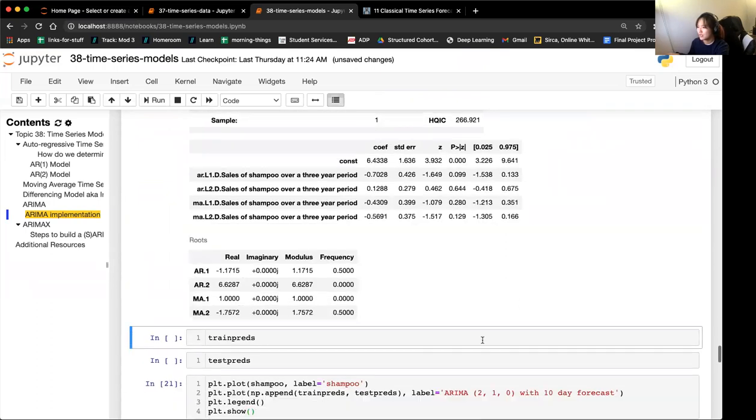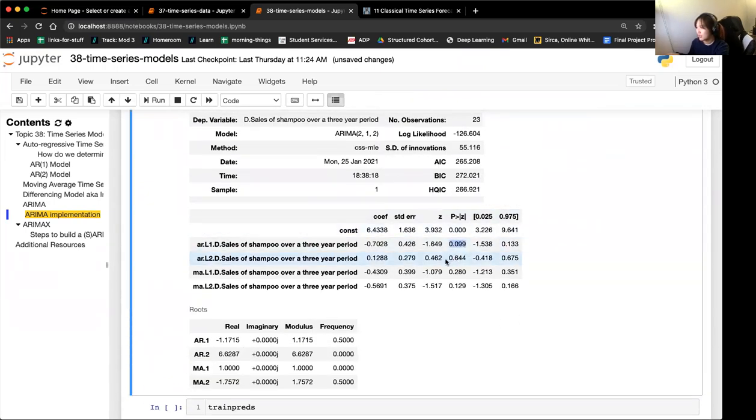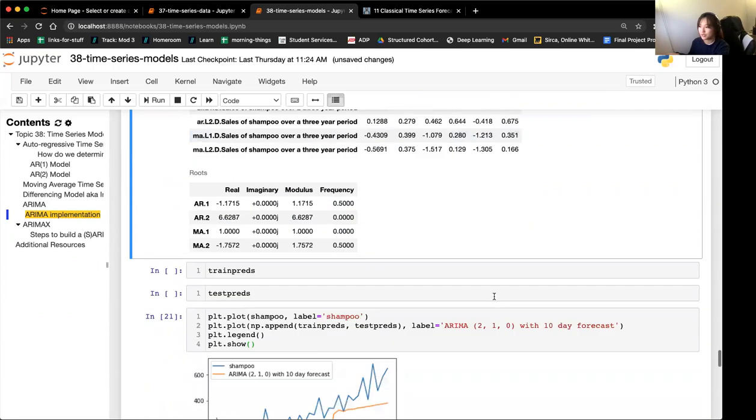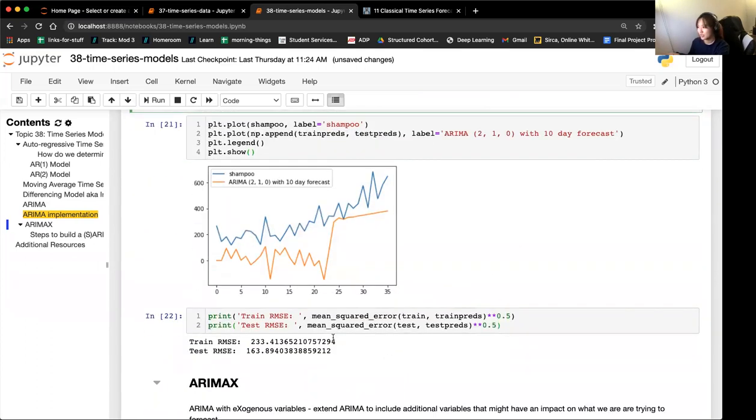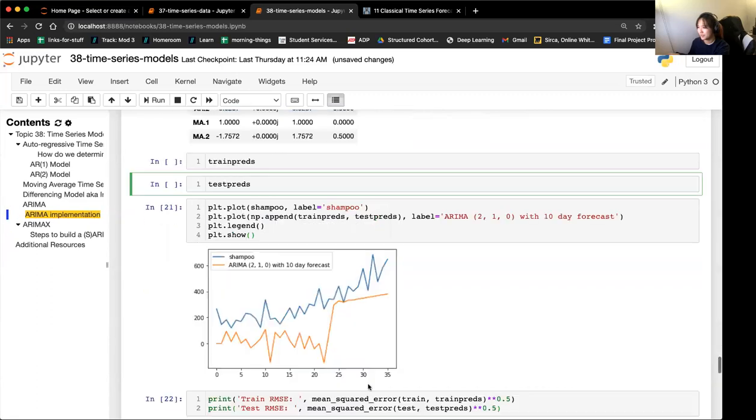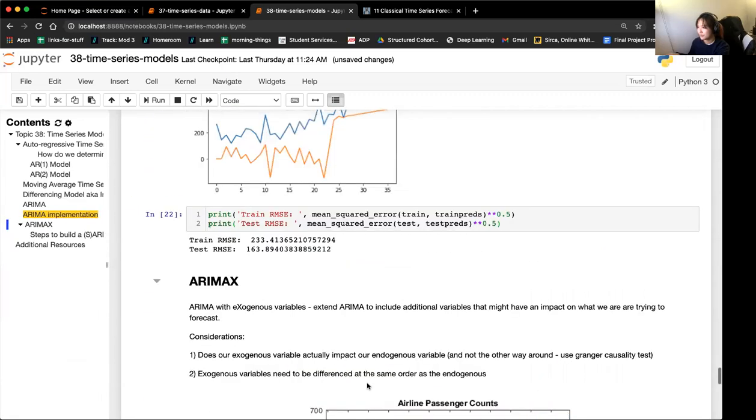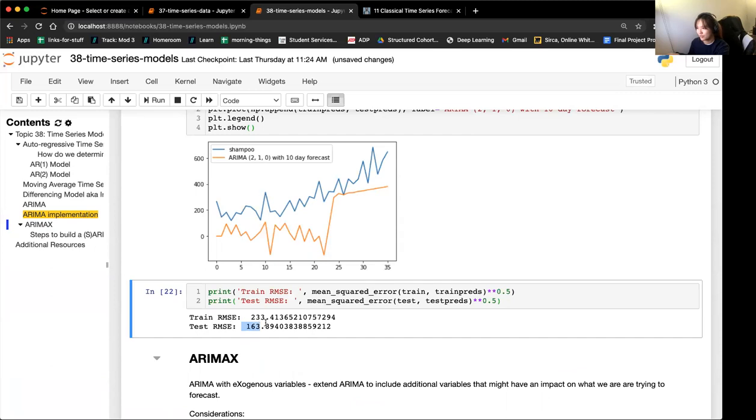You can see that with 2, the p-values actually did go down. Let's take a look at this real quick. Here we had a test RMSE of 163. Let's see with one more moving average term. Okay, it went up a little bit.